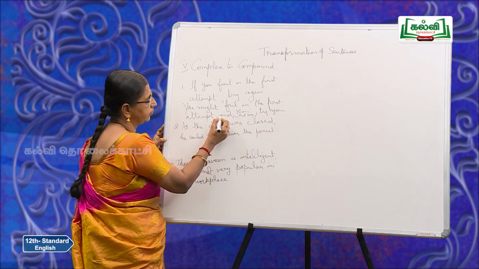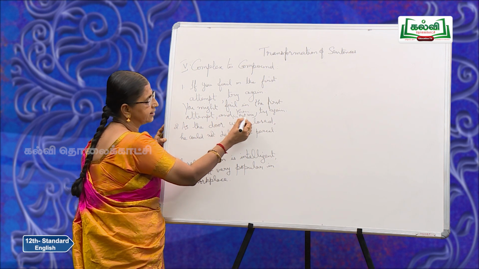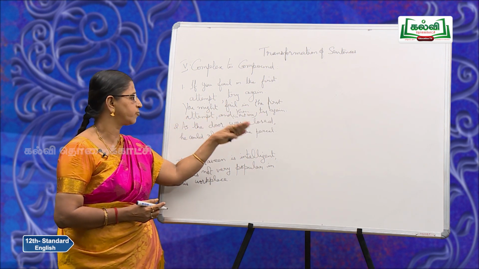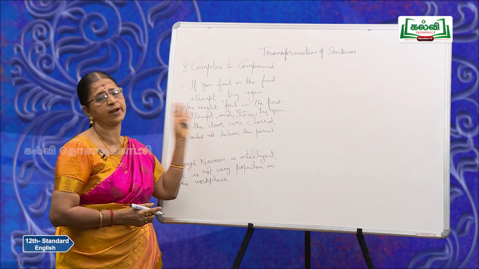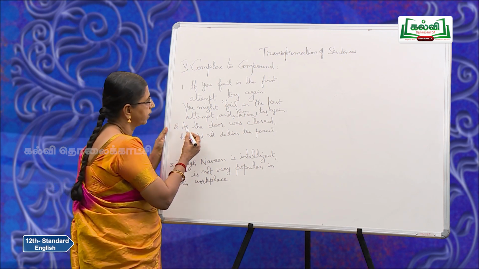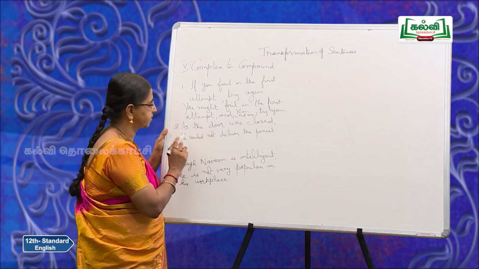You can say and then, and in that case, try again. So, you find two main clauses and this is your conjunction. We are converting it into the compound sentence.